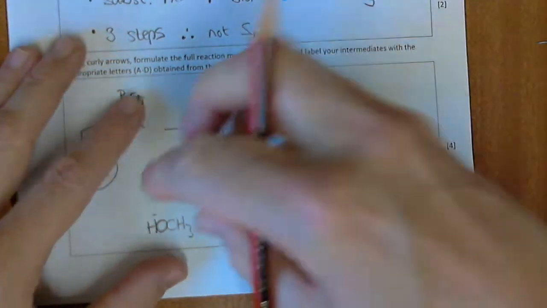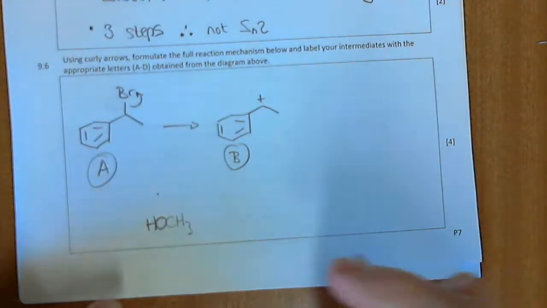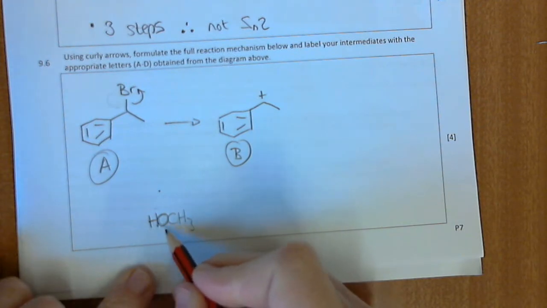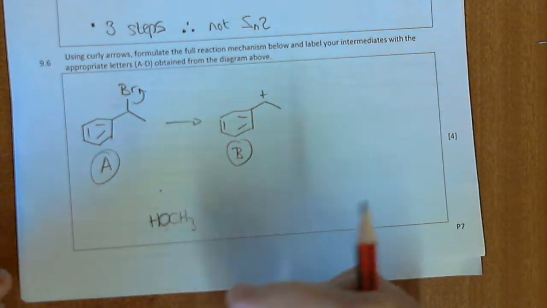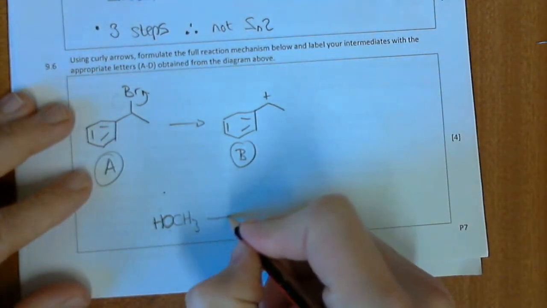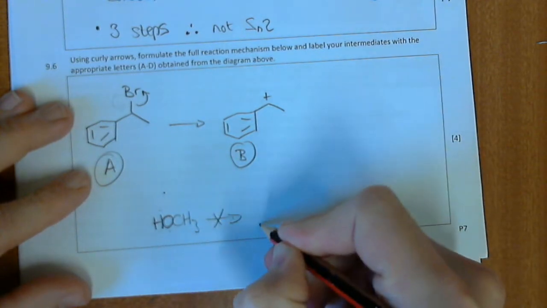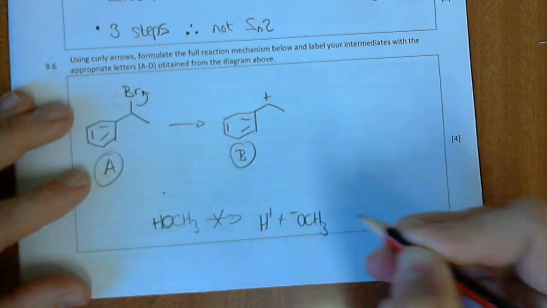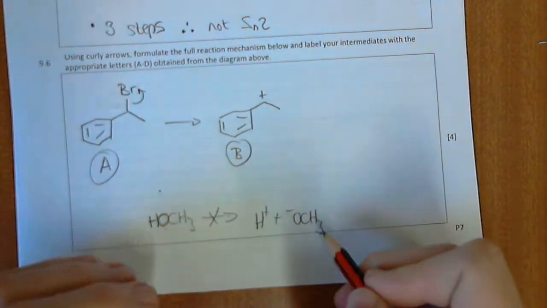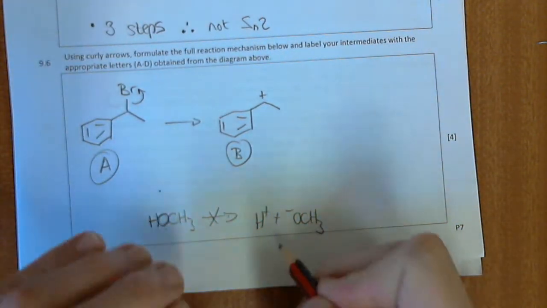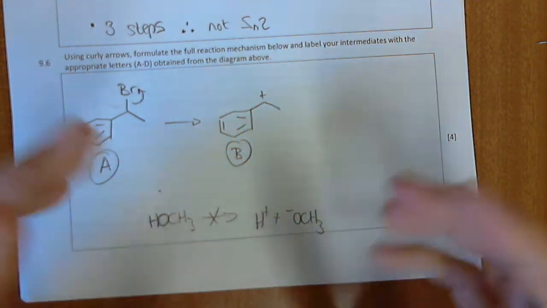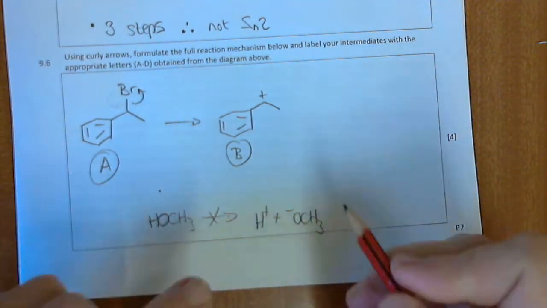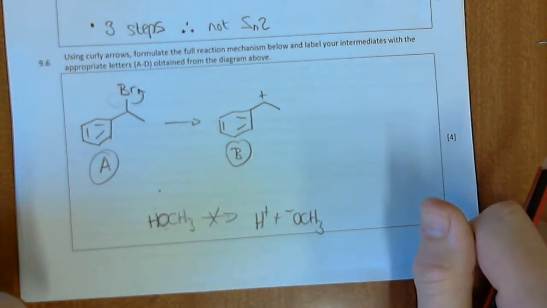That's all you have. You don't have an OCH3 minus, and this OH bond cannot spontaneously separate. This over here, this sort of thing, going to H plus and OCH3 minus, does not happen, all right? This cannot happen. You cannot just have spontaneously water or a proton splitting from an alcohol.